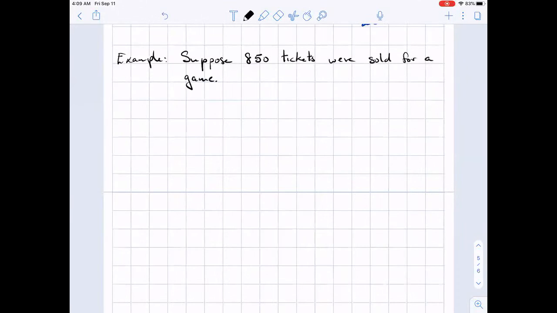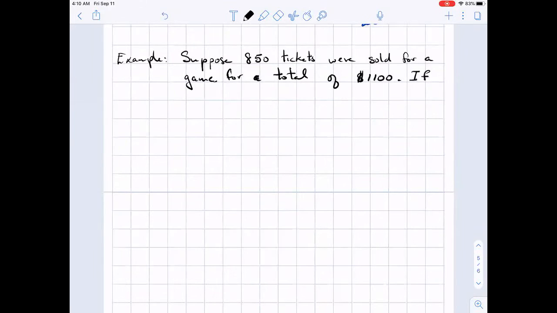This can even be the movie. For a total of $1,100. So 850 tickets were sold for a game for a total of $1,100.